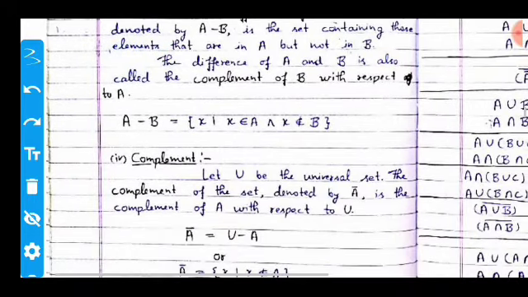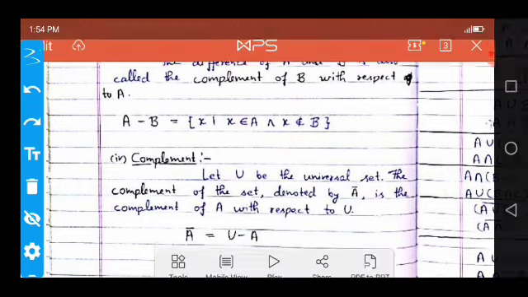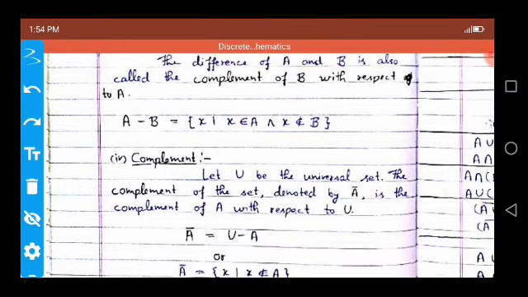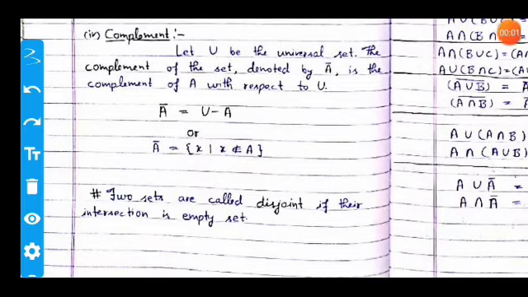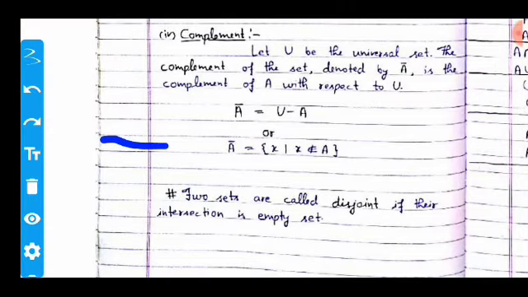So A difference B is equivalent to x such that x belongs to A and x does not belong to B, because here it is represented that the element is in A but not in B. Complement operation. Here U is represented as the universal set.